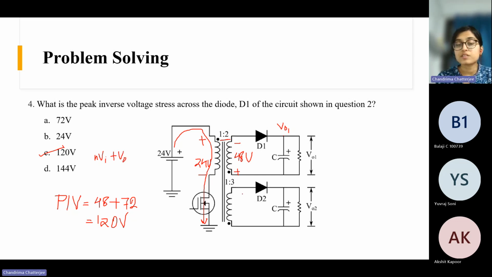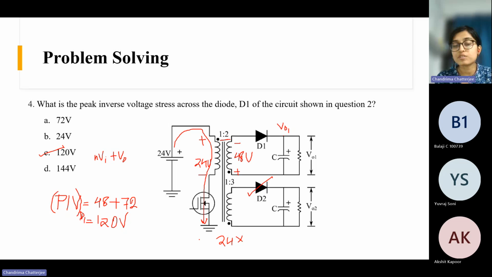If you want to find it for this diode also, you can do it in a similar way. Here this voltage will be 24 into 3, because the turns ratio is 1:3 for D2. The previous one was the PIV of D1.